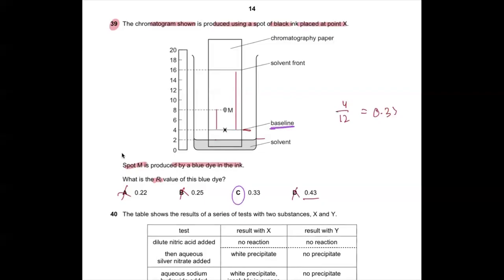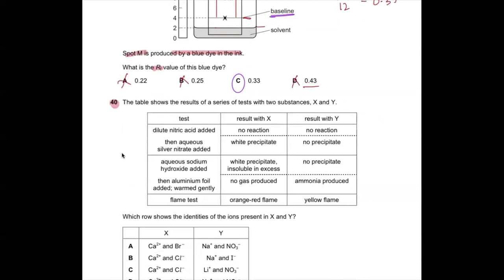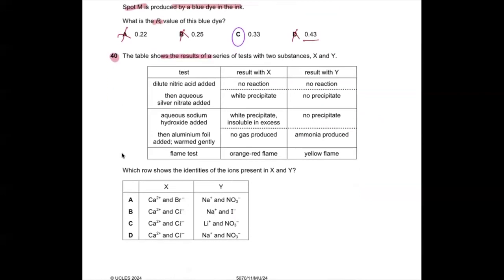Okay. Now, MCQ number 40. The table shows the results of a series of tests with 2 substances X and Y. Okay. Dilute nitric acid, no reaction. So it means with the acid, okay, not a metal. Obviously, it's a compound. If it's a metal, we get hydrogen gas. White precipitate and no precipitate. So white precipitate with silver nitrate means it's a chloride.